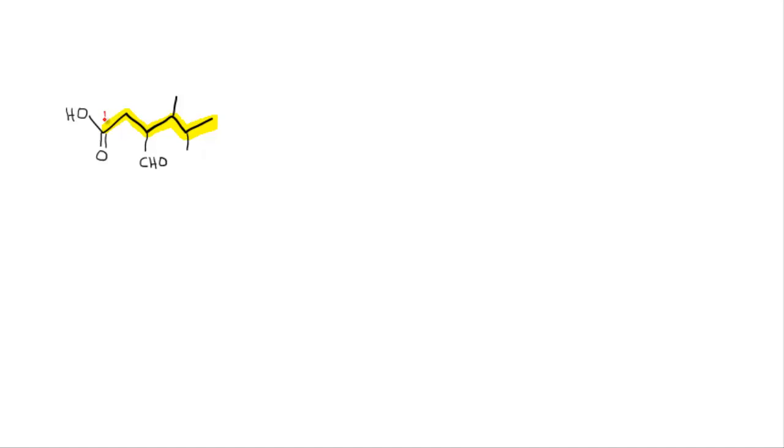So here's my numbering: 1, 2, 3, 4, 5, and 6. I'll identify my substituents next, highlight those in a different color. I've got 2 methyl groups on positions 4 and 5, and an aldehyde on carbon 3.